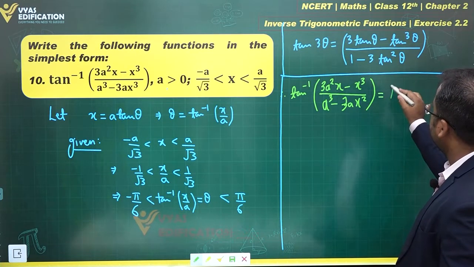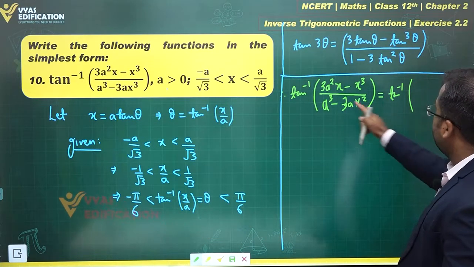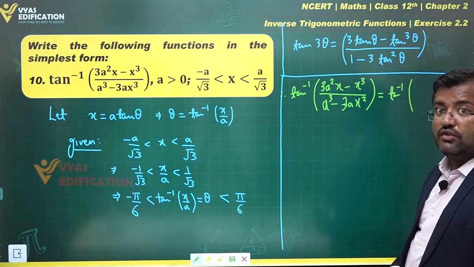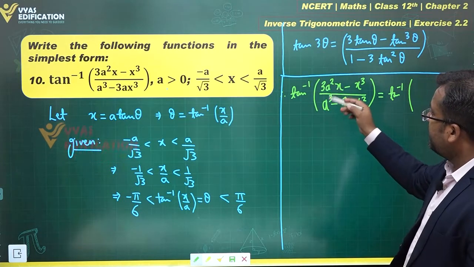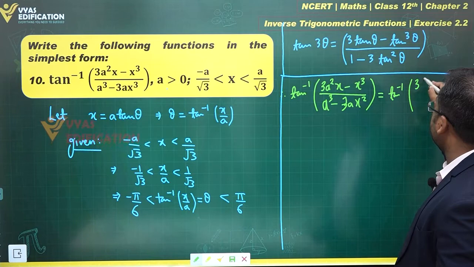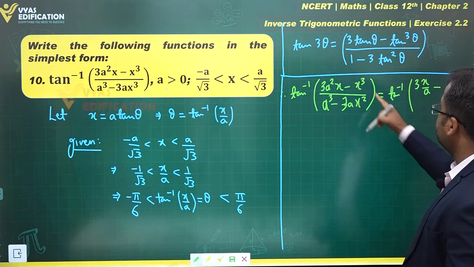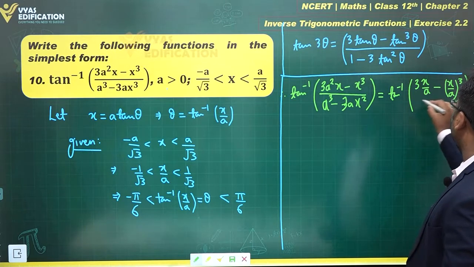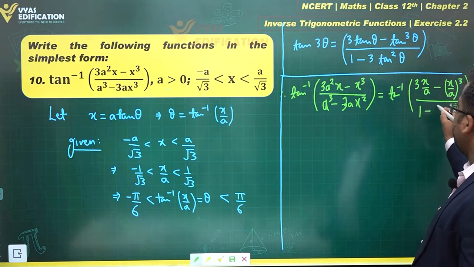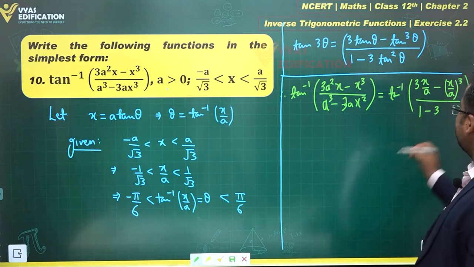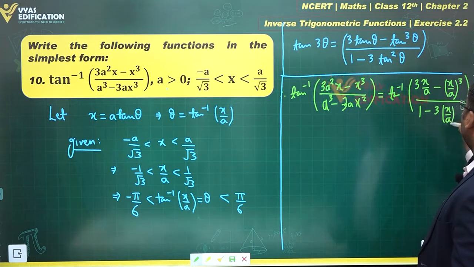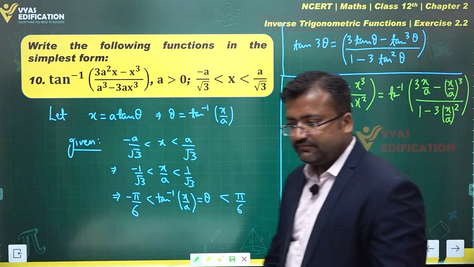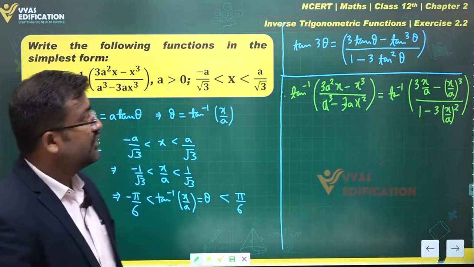What will happen is tan inverse, you divide by a cube over here. A square gets cancelled. A remains in the denominator. Minus x by a power 3. A cube upon a cube is 1 minus 3. A gets cancelled. X by a whole square. This is what you get. Is that okay? Yes, that's okay.